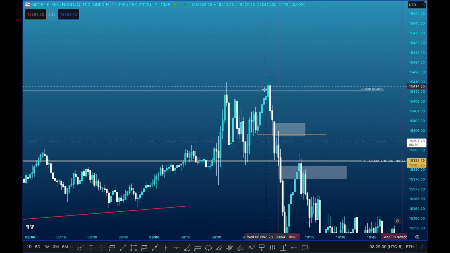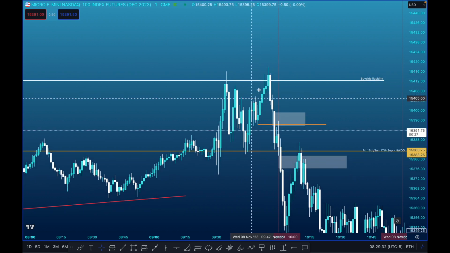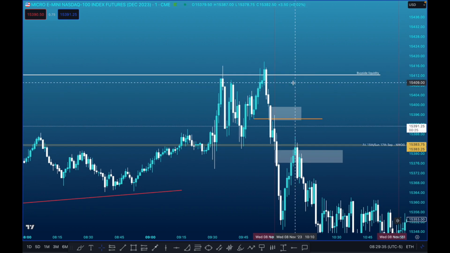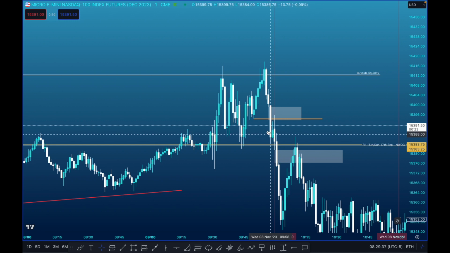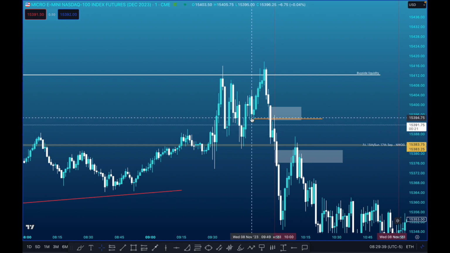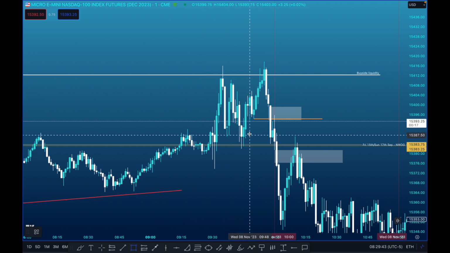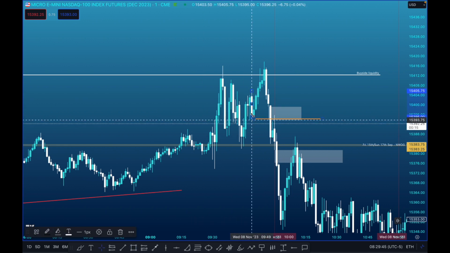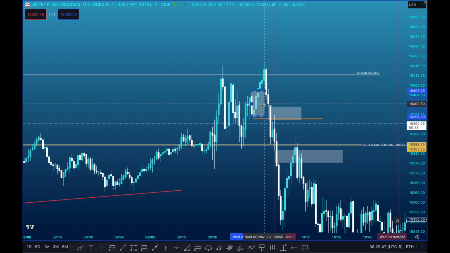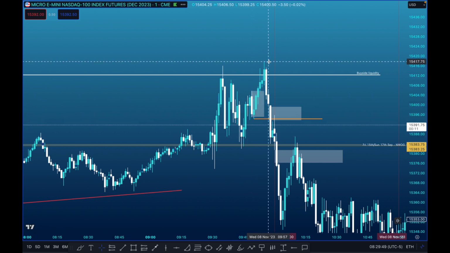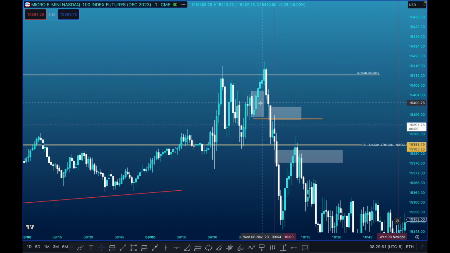I saw a slowdown in price. It was struggling to trade above here, and then instantly I saw it break down, and we had the market structure shift underneath this low in here. We've also got this breaker.